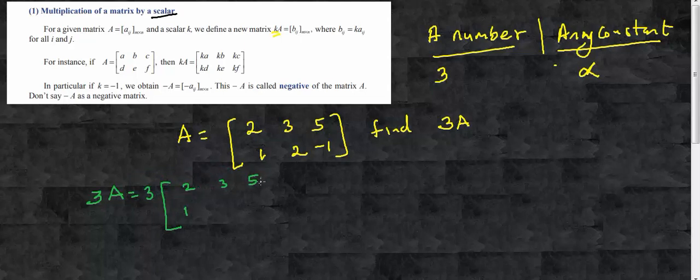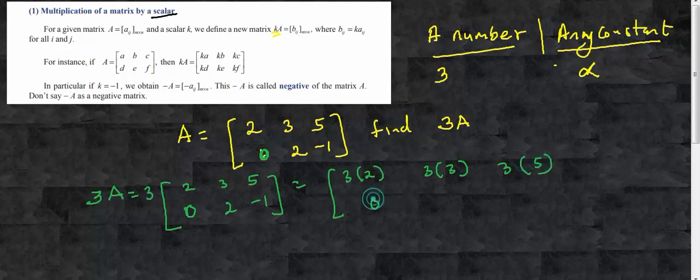by 3. So if I were to take this, let me take this number as 0 just for simplicity, so 0, 2, -1. This would mean I have to multiply the element 2 by 3, the element 3 by 3, and the element 5 by 3, followed by 0 by 3, and then the element 2 by 3, and the element -1 by 3.